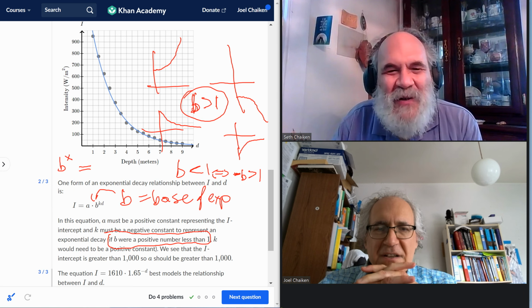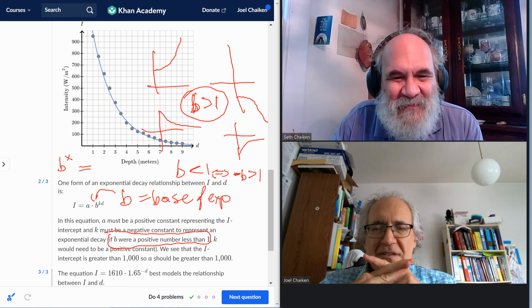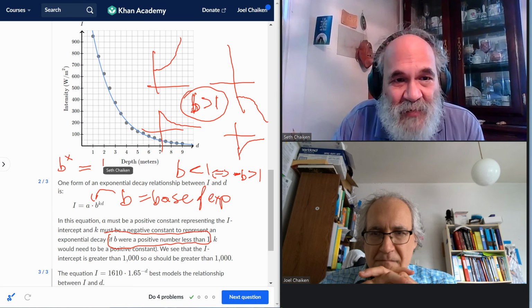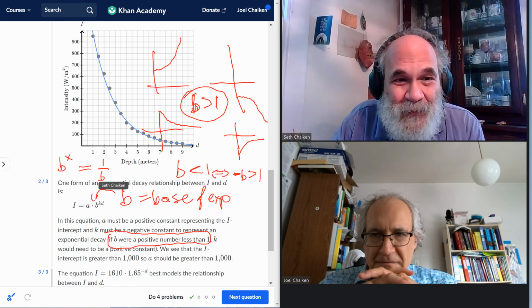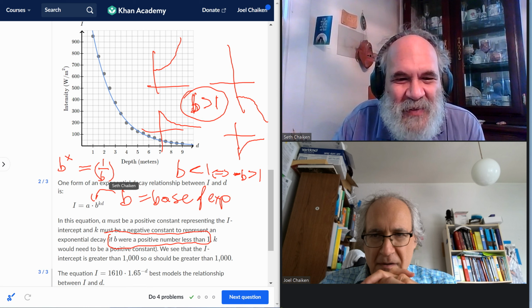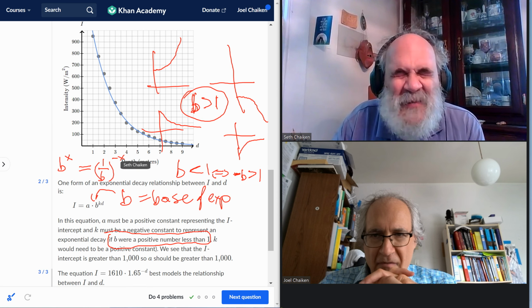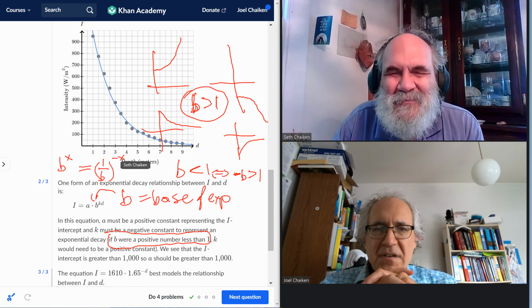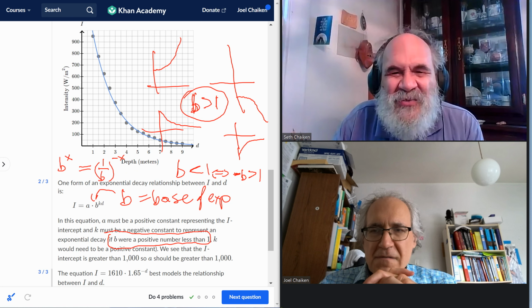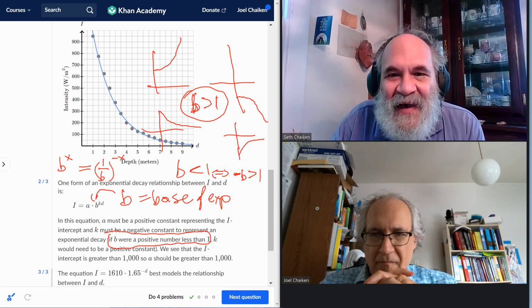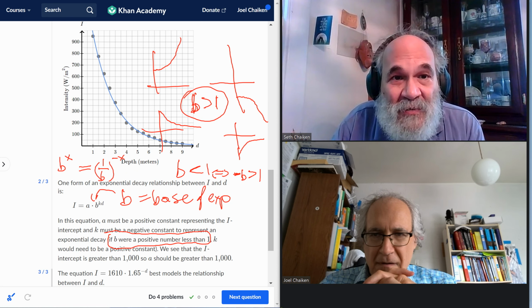Indeed, if B were, by the laws of exponents, this is the same as 1 over B to the minus X. So here B is greater than 1. And let's use blue.